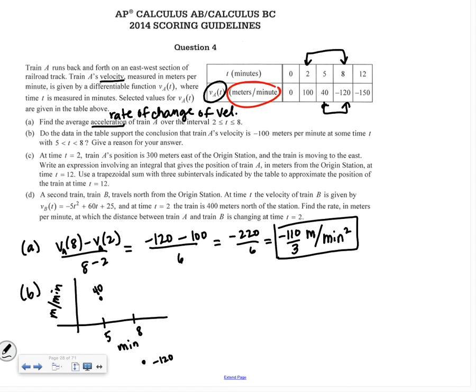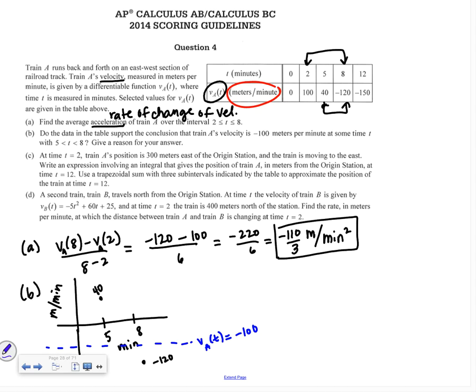What it's asking is, does it have to cross v sub a of t equals negative 100 meters per minute? So does it have to cross that line? And our answer is that yes, it does.